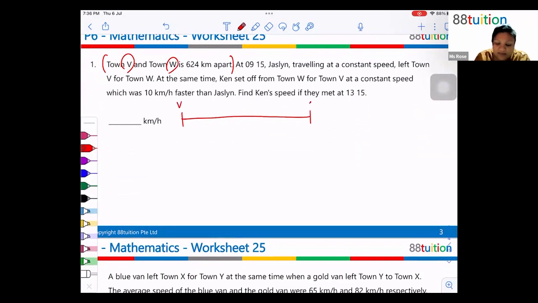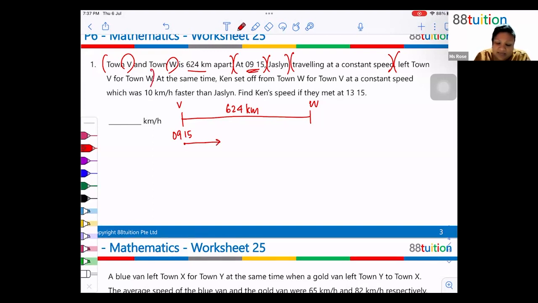Town V and town W are 624 kilometers apart. At 9:15, Jaslyn, traveling at a constant speed, left town V for town W. So she's going in this direction.